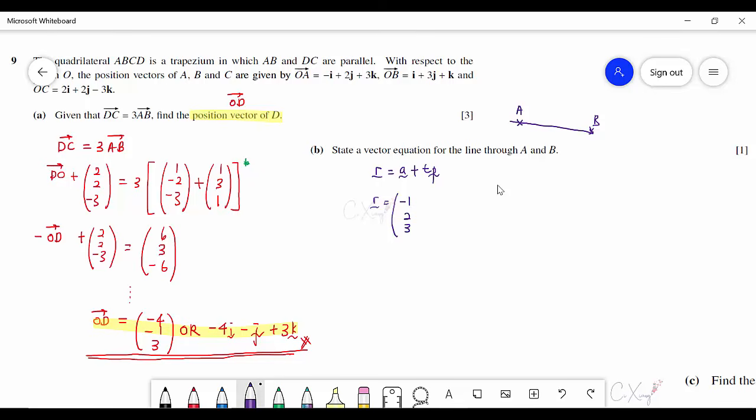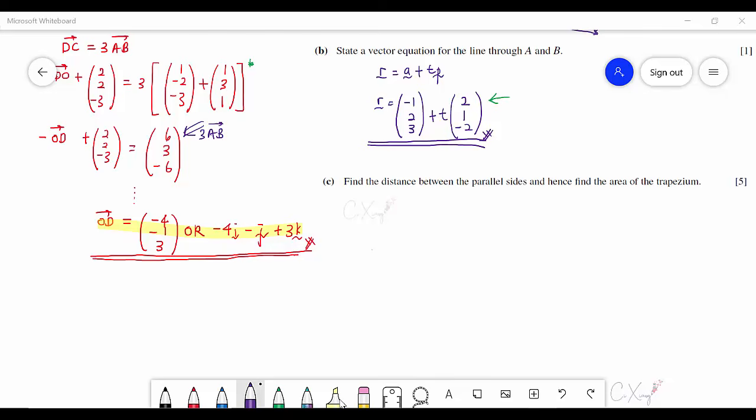Or if you want to use (1, 3, 1), which is B, also no problem, plus t. What is the direction of this line? The direction of this line is AB, which is 3AB, and you can simplify it to the most simplified answer, which should be (2, 1, -2).